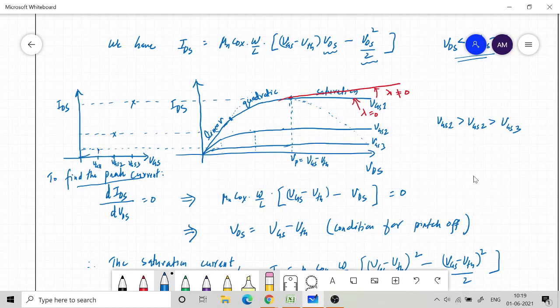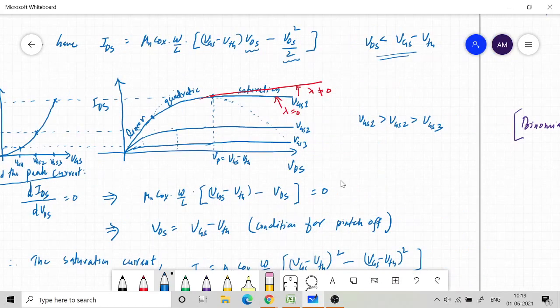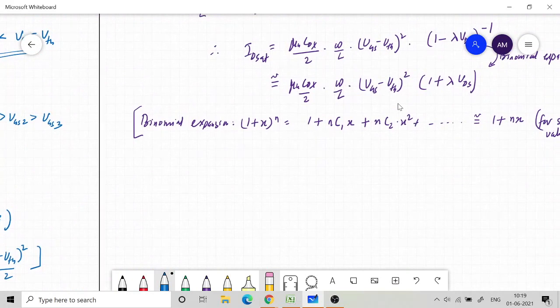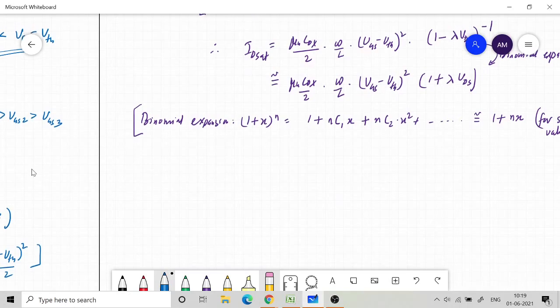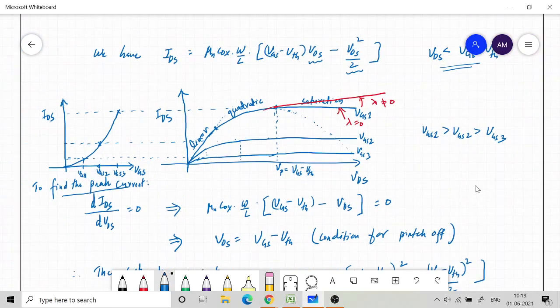If you just draw this, you will get a quadratic relationship, and this is basically our IDS expression, the plot of IDS expression. That is mu Cox W by L (VGS minus VTH) all square. The way I have drawn it, it looks like our VTH is 0.